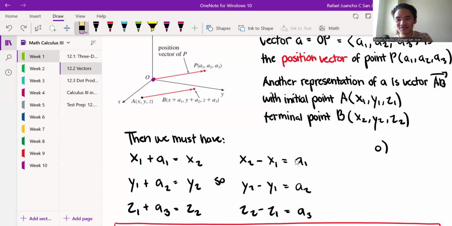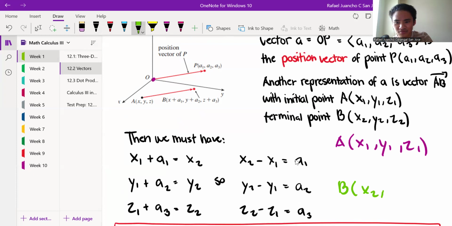And so same idea, since this is a carbon copy, we have this A that has x1, y1, z1. Let's make it purple. We have the point A, x1, y1, z1. And we have B, let's make it green, x2, y2, z2.